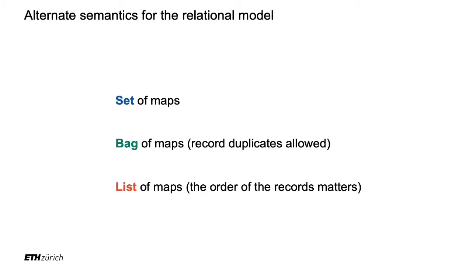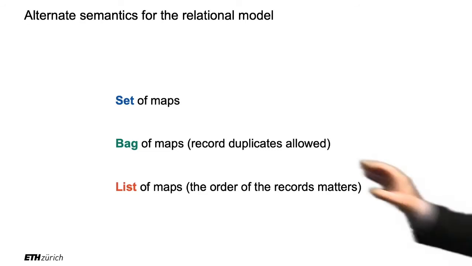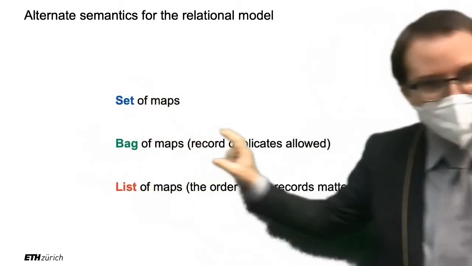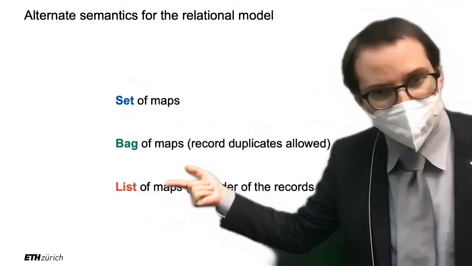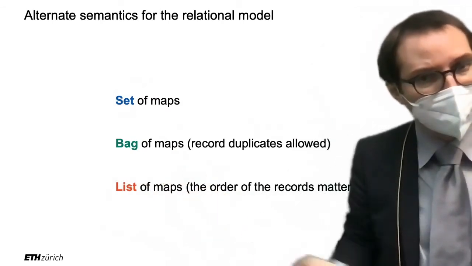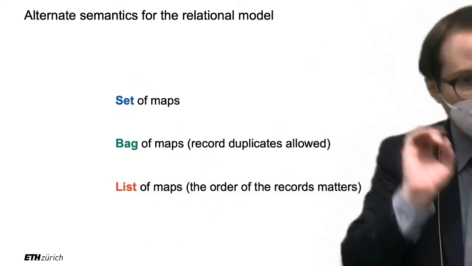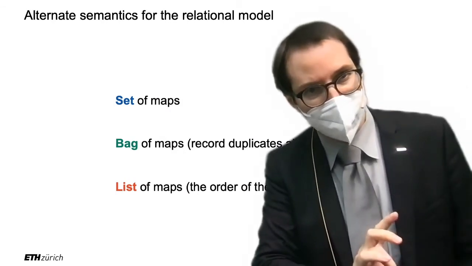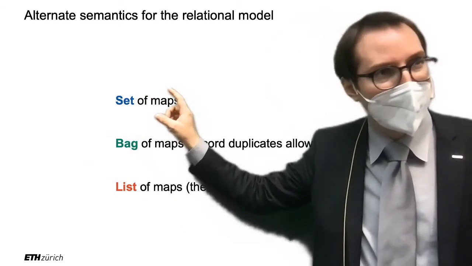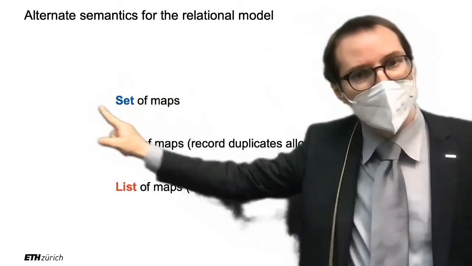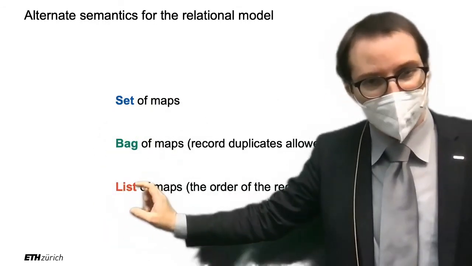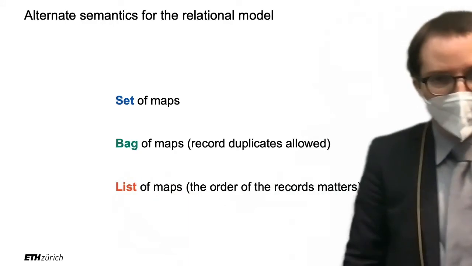So there are three flavors of the relational model. There is the historical flavor as a set of maps. There is the bag of maps flavor where you can repeat records, but the order doesn't matter. And you have the list of maps where the order of the records actually matters. In modern implementations of relational database systems, these are actually the ones you will find. So the set of maps, I'm not sure there are many systems today that would actually use sets. Most systems will allow you to have duplicates, and most systems will allow you to have lists.